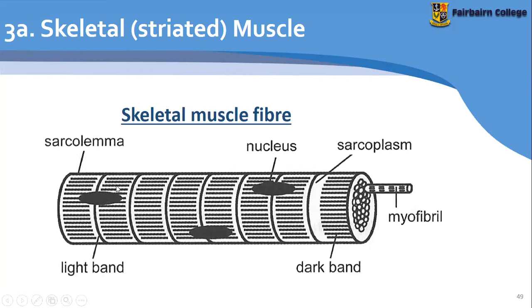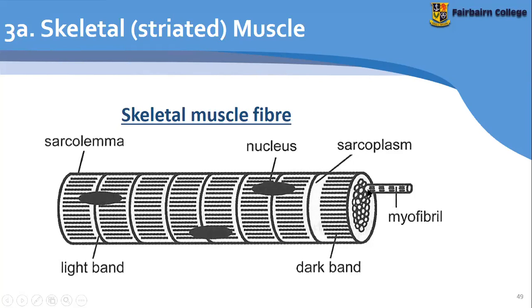Some other aspects, like I said, we skimmed over this, so don't worry too much about it. The membrane on the outside is called the sarcolemma. That's the membrane on the outside of the muscle fiber. The inside of the muscle fiber is filled with sarcoplasm, which is like the cytoplasm of the cell, but in this case we call it the sarcoplasm.